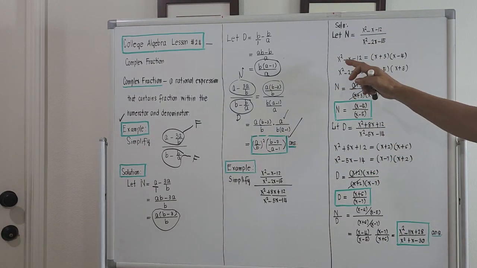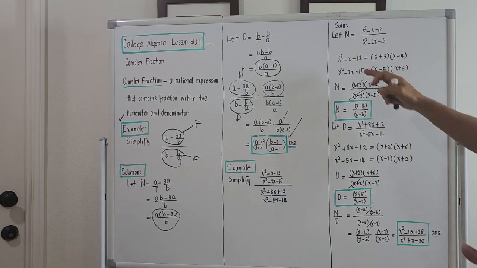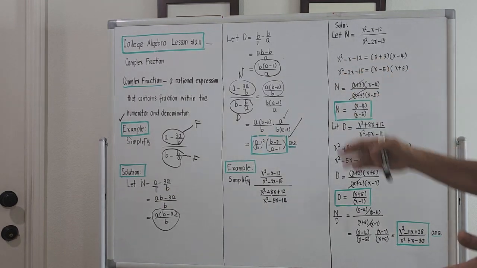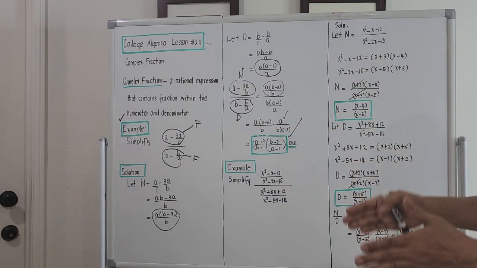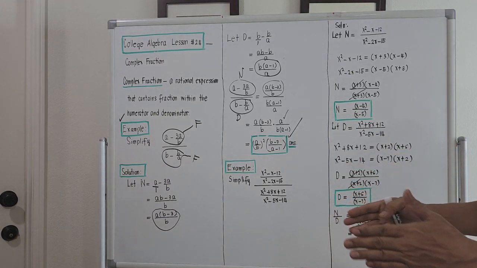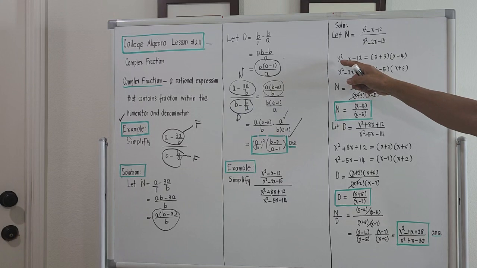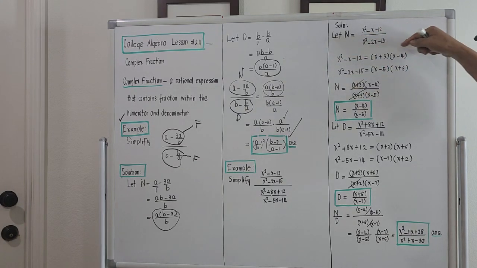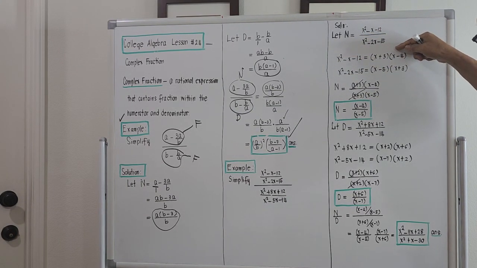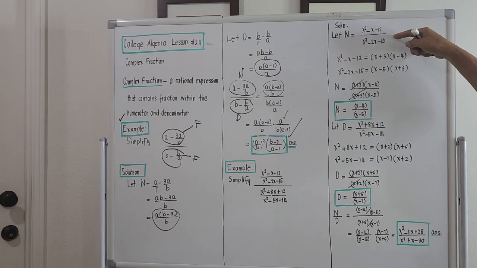So this will be x squared minus x minus 12. This is a quadratic equation, so use your knowledge on how to take the binomial factors of this quadratic equation. The possible factors of x squared will be x and x, right? And the possible factors of negative 12 will be negative 4 and plus 3.